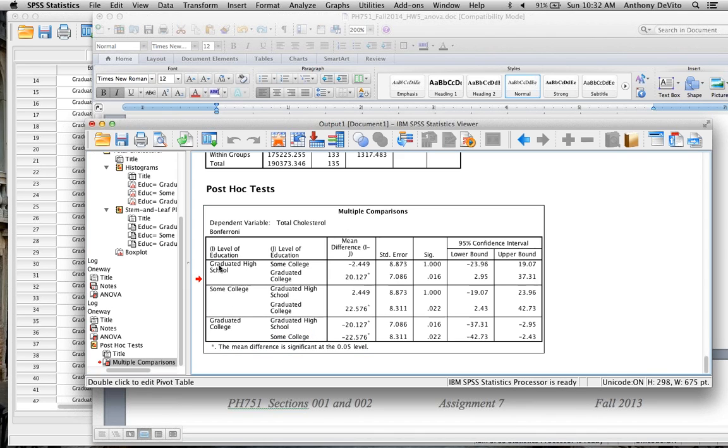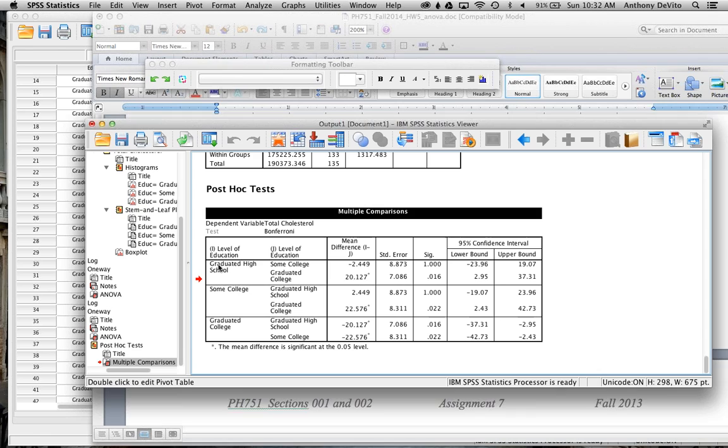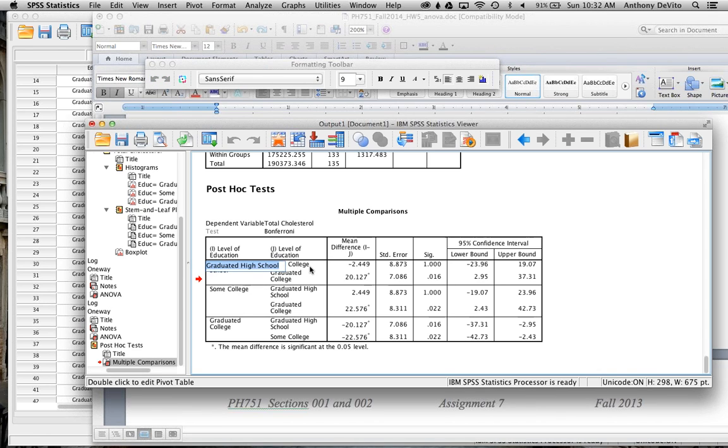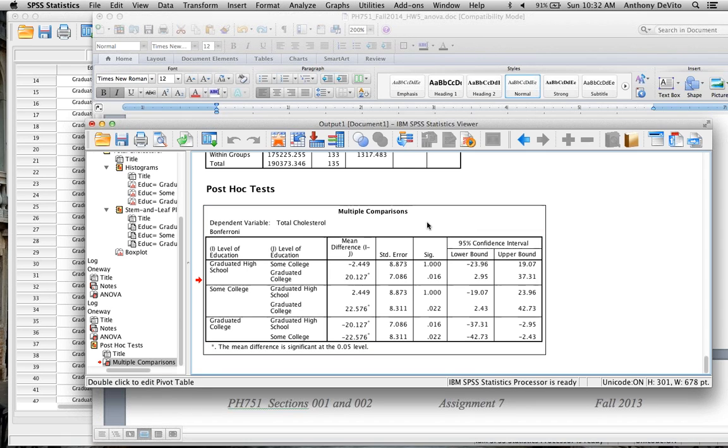One is graduated high school versus some college. Okay, I'm just going to leave that the way it is. Graduated high school versus graduated college is significantly different, so we reject the null hypothesis for that.